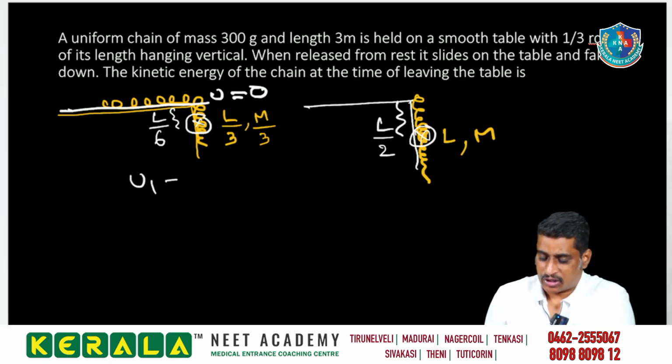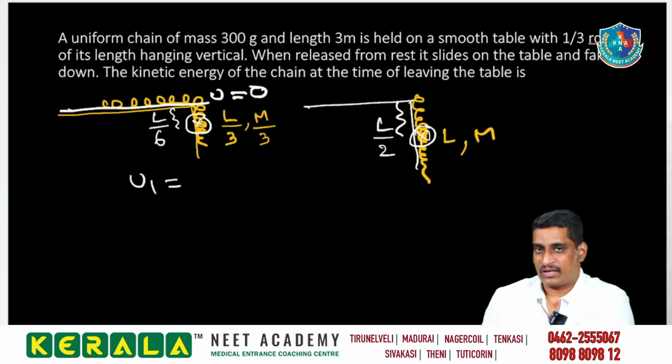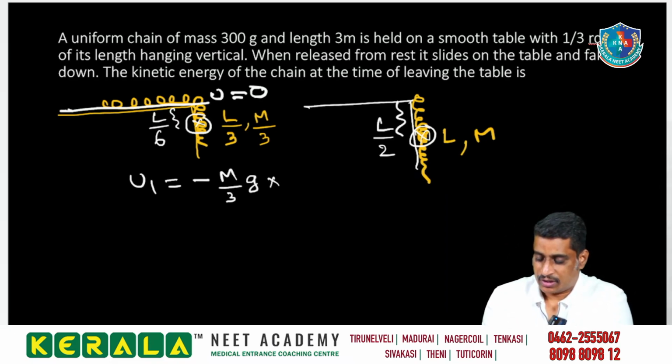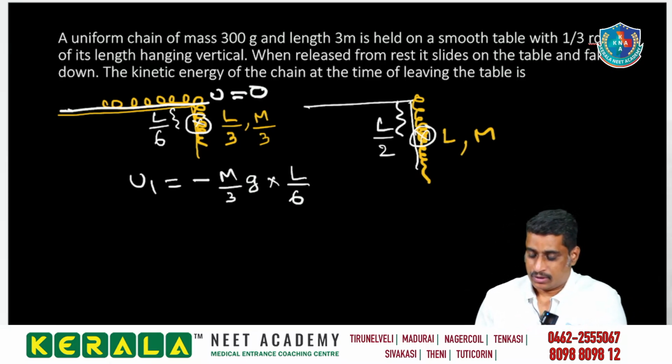So the initial potential energy will be, as the center of mass is below the reference line, conventionally taken as negative, minus m by 3, where m by 3 is the mass of that hanging part, into g into L by 6, the distance of the center of mass. This is the potential energy of the hanging length from the edge of the table.